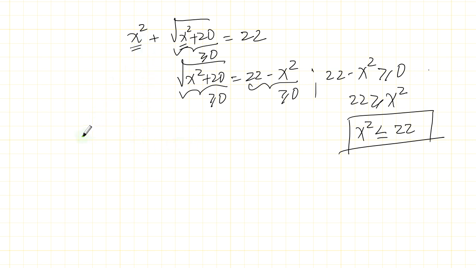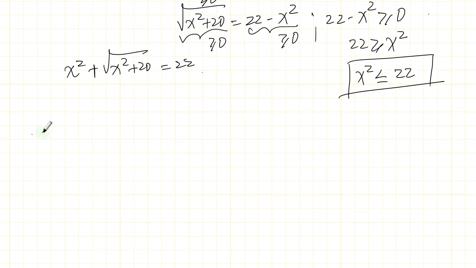So now let's solve our equation. We have x squared plus square root of x squared plus 20 equals 22. We can apply different rules here, guys, but let's solve by substitution. But let me just take this consideration here.